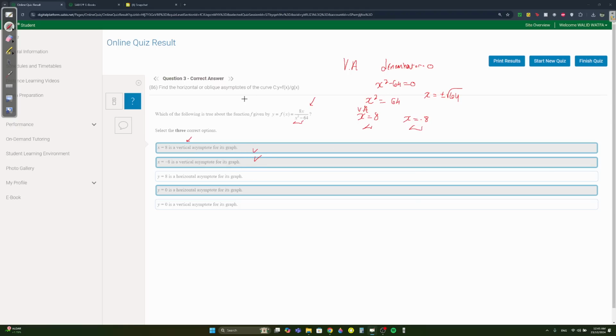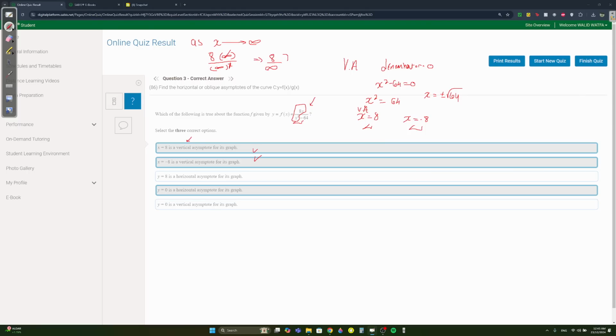How about horizontal? Let's see. When we say horizontal, you plug x as infinity. Right? So we take the highest powers only. So you're going to get 8 times infinity over infinity squared. Infinity cancels with the square. You're going to get 8 divided by infinity.